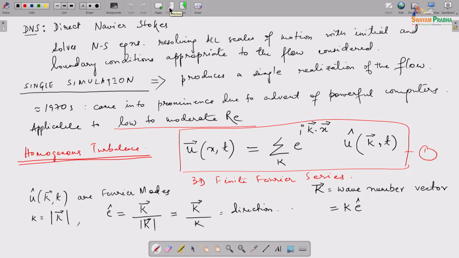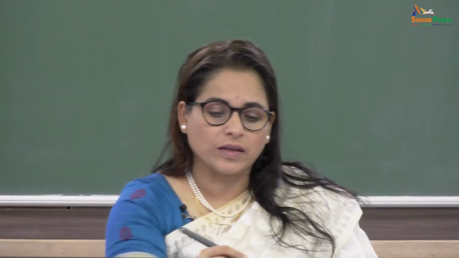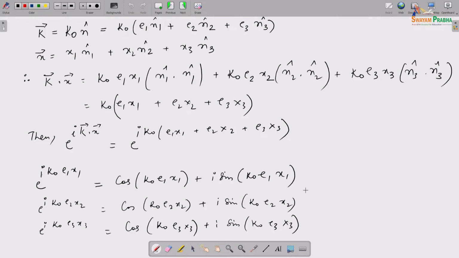So e to the power i k x is actually equal to this, a sum of these. As you can see, these are periodic functions, isn't it? So if you sum these up, that is going to be this.